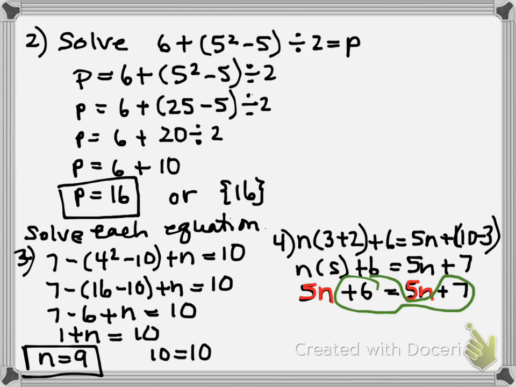So guess what number I can replace n with and get something that's true? 0 would give me 6 equals 7. So I can't replace n with 0. What number can I replace n with to make that sentence true? Is there any number?